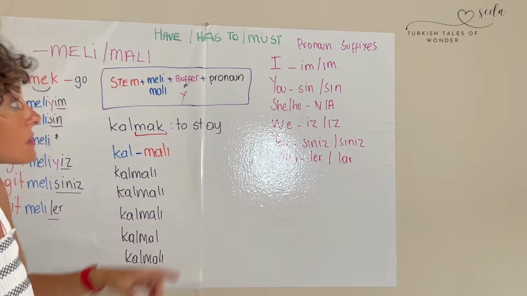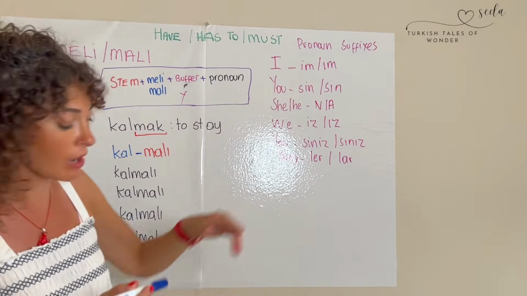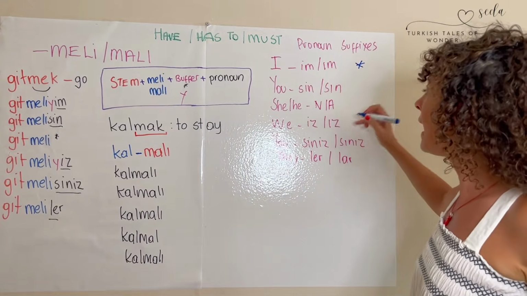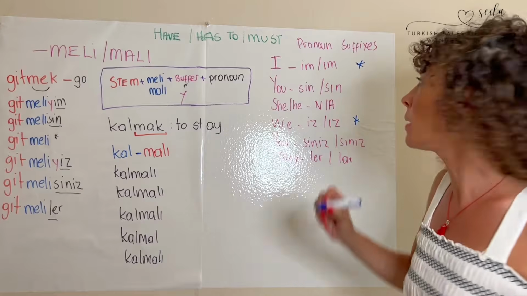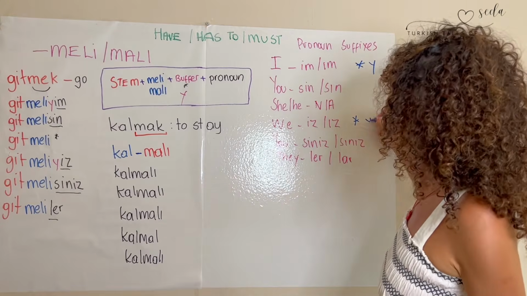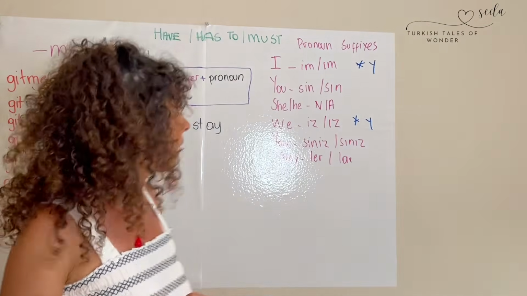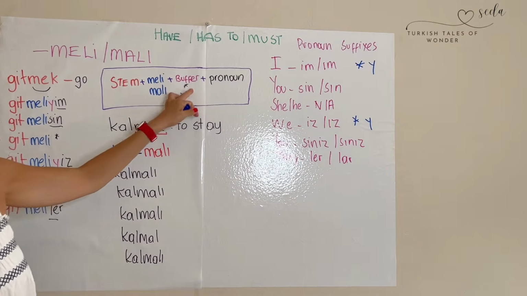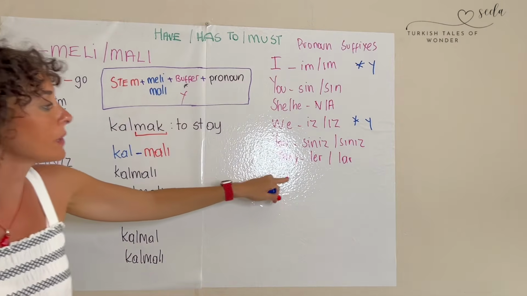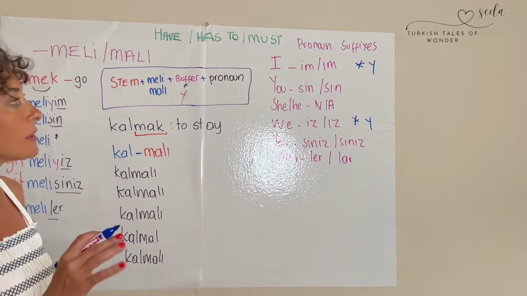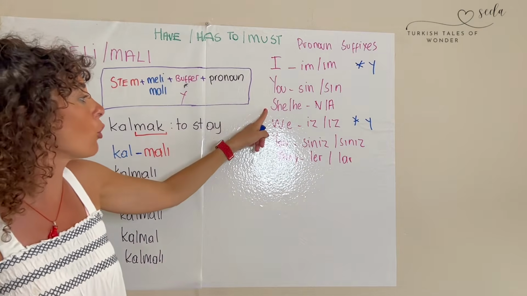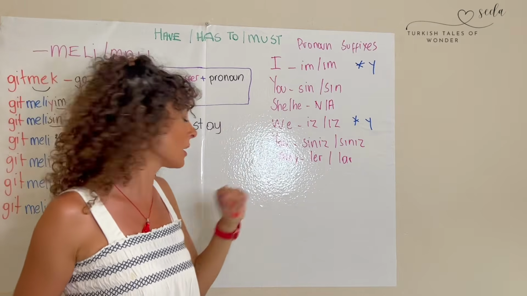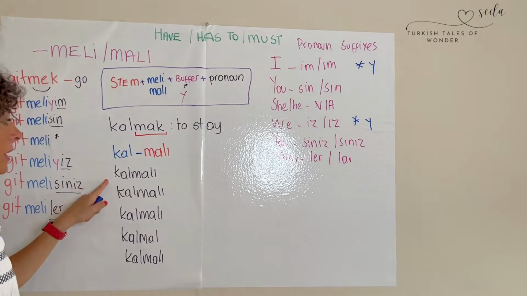And if it starts with a vowel, which in this case, only I and we start with a vowel, these take the buffer letter Y, okay? So if you need a buffer letter, put the buffer letter, then add the pronoun suffixes. And then you don't need ben, sen, o, biz, siz, onlar. Okay? Let's add them here.